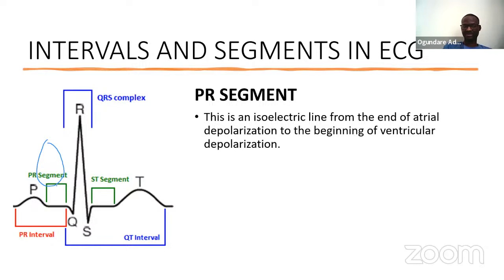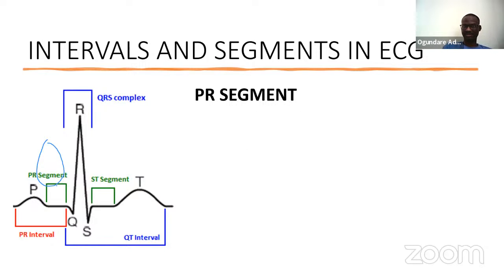When I say depressed, this is a straight line here. It's an isoelectric line. It's meant to be a straight line. Sometimes you see it depressed and sometimes you see it elevated. When you see it depressed, it's a sign of infection, a sign of pericarditis.